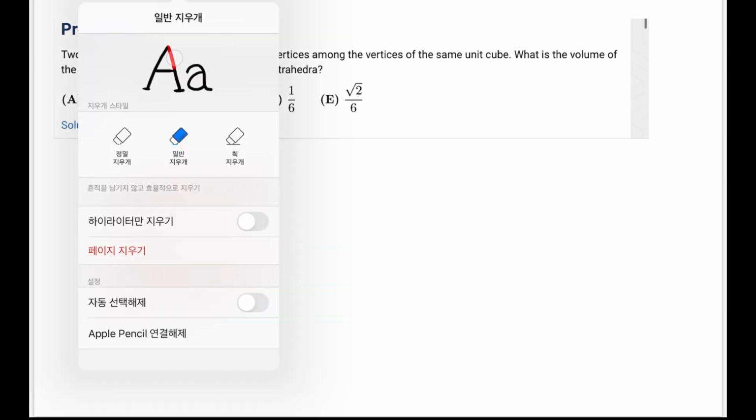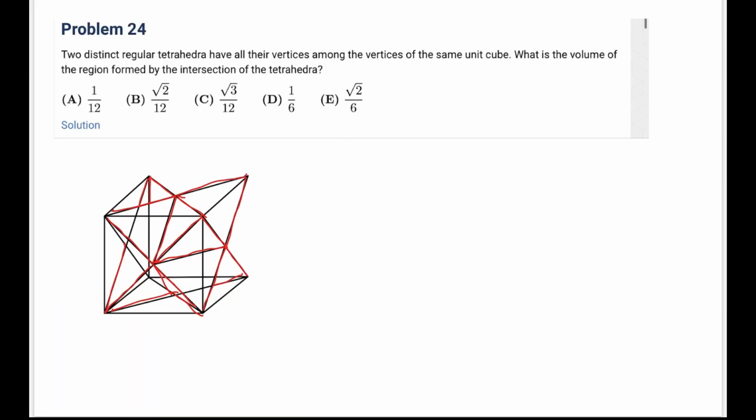So let's try to erase. Then it would be something like, oops, erase.